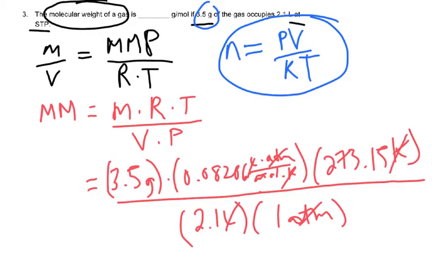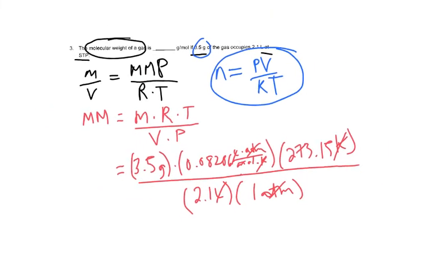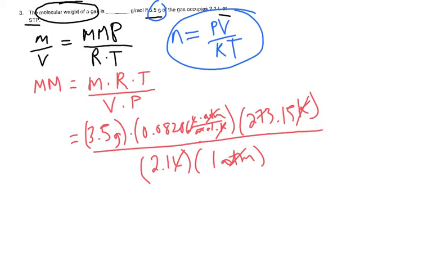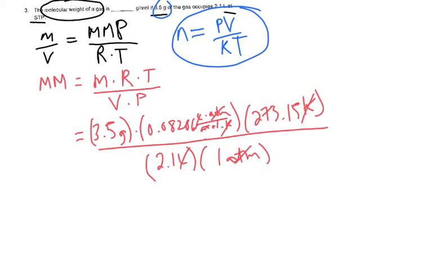We're left with grams per mole, which is what we want for molar mass. And then you can put this in your calculator, 3.5 times R. So the molar mass here is going to equal 37.36 grams per mole.